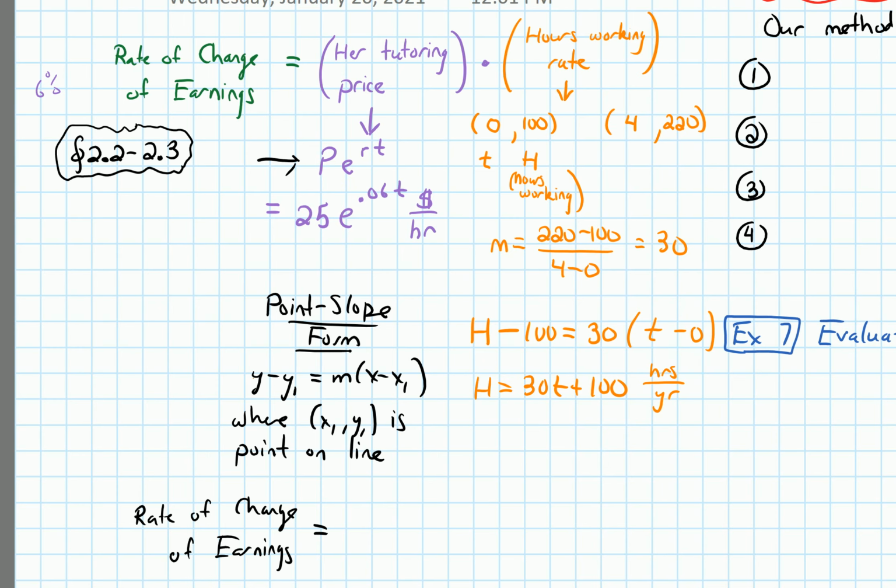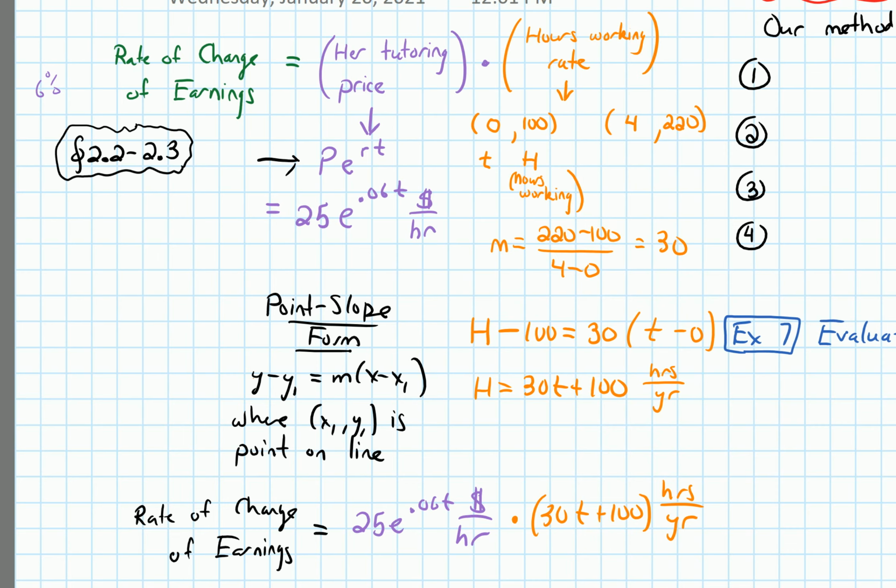So her tutoring price was 25 e to the 0.06t in dollars per hour. And then that gets multiplied by this value for h, which was 30t plus 100. And what were the units? Hours per year.